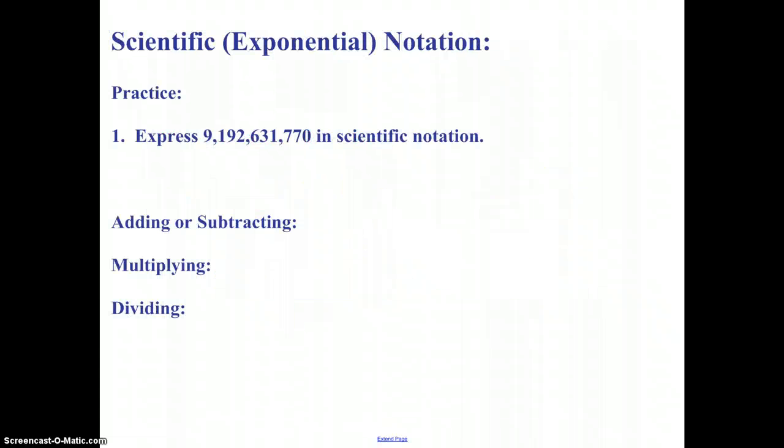Our next topic is simply a review of scientific, also called exponential notation. We often write large numbers and numbers with a lot of decimals in scientific notation in physics. So let's do this practice. For example, express 9,192,631,770 in scientific notation.